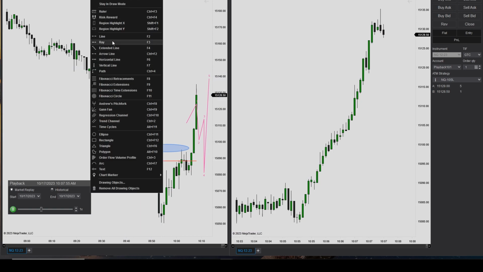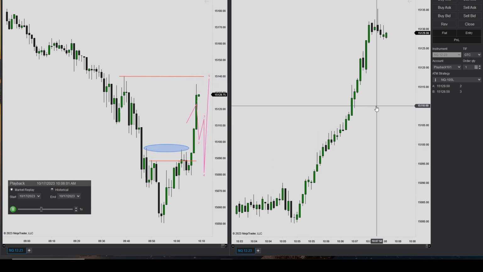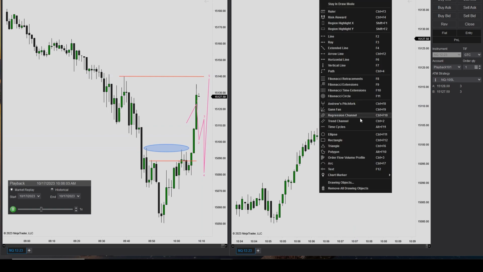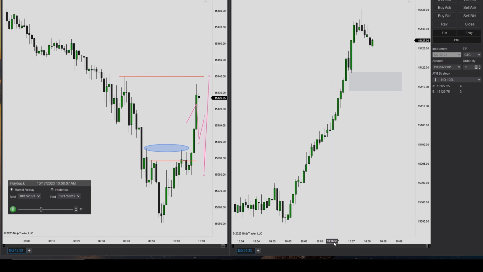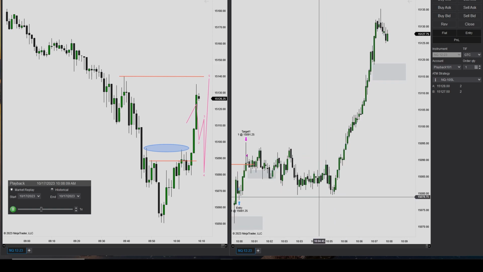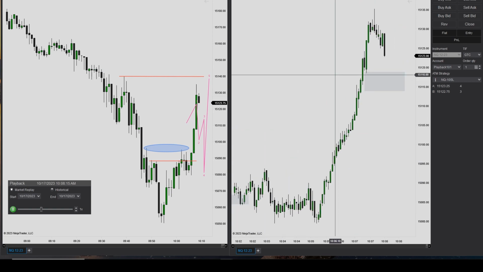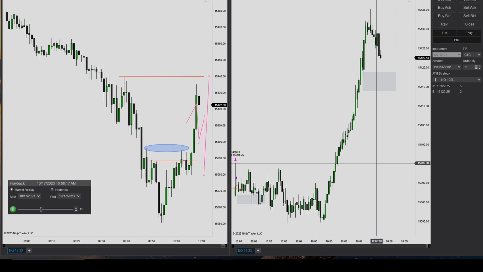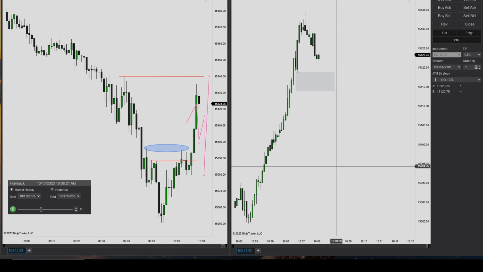We have this high right here. So, not my favorite type of trades up here after such a huge move, because you don't really know where it's gonna stop. But what you could do is take a short down.